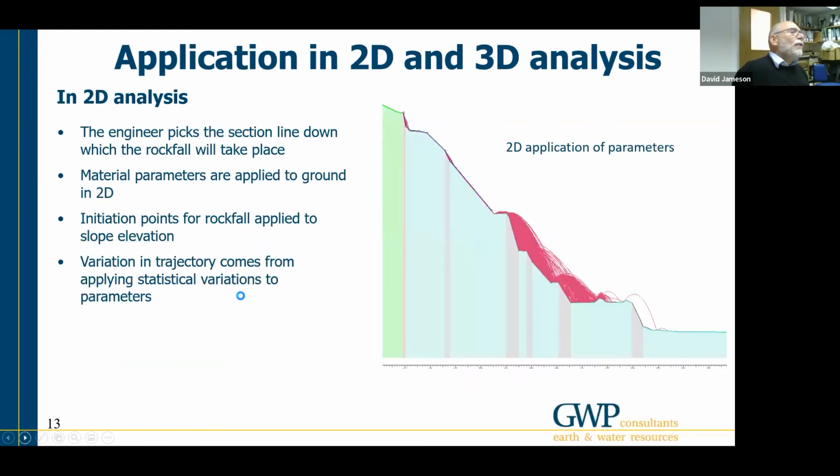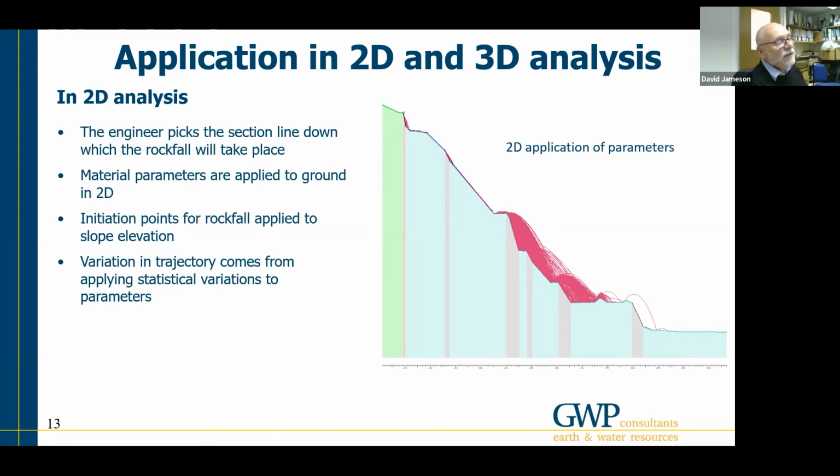So once you've got all of those parameters considered, you can then apply them in either a 2D application or a 3D analysis. Generally speaking, the engineer would go out to site to the area of interest where you might want to be controlling or pulling in your rock trap.